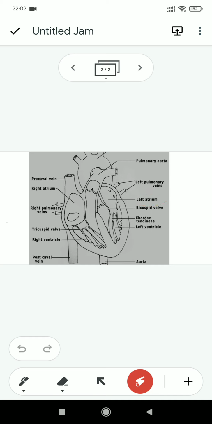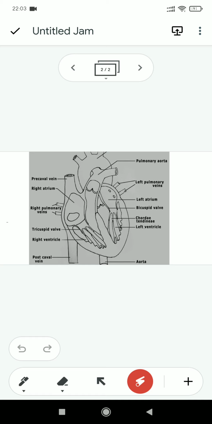As we know, before the blood enters any chamber of the heart, it remains in the diastolic position, and as soon as the blood enters, it becomes systolic, meaning it contracts. Due to its contraction, the bicuspid valve, as we can see, opens up and allows the oxygenated blood to enter into the left ventricle.